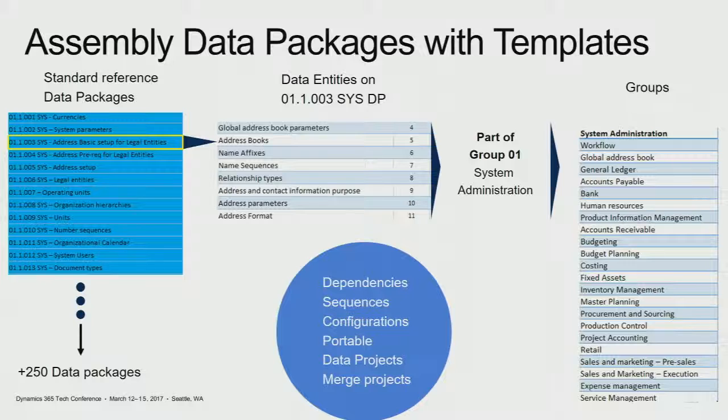Think about the template as the design of the data package without data. A data package contains the data entity, the sequence, and the data itself. The template is just the data entity reference and the sequence. That's it, no data on it. So it becomes easy to move around projects.